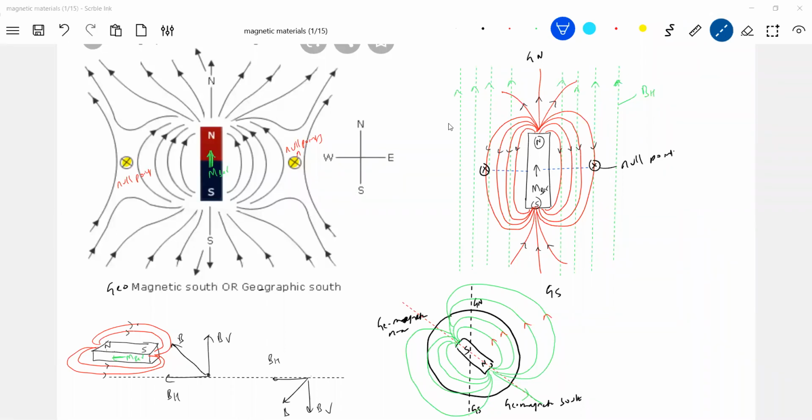Now shall I call this X here? The black line is the resultant field. This is the resultant field. This is the Earth's magnetic field.